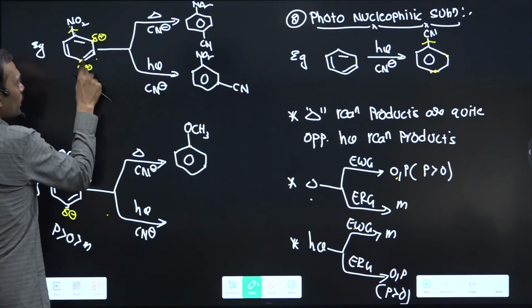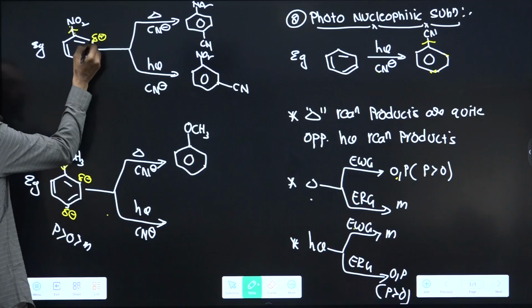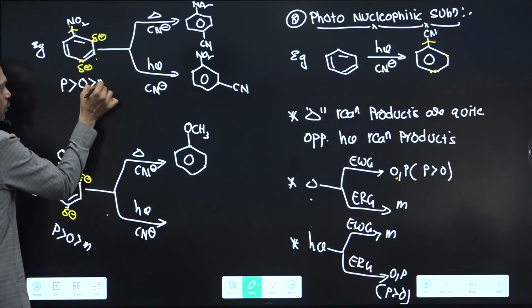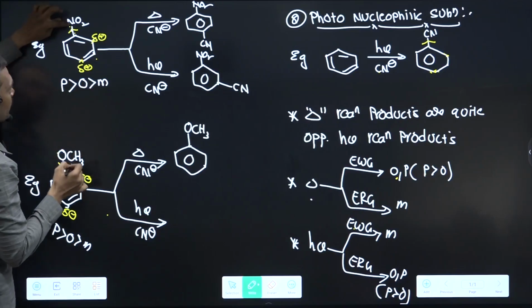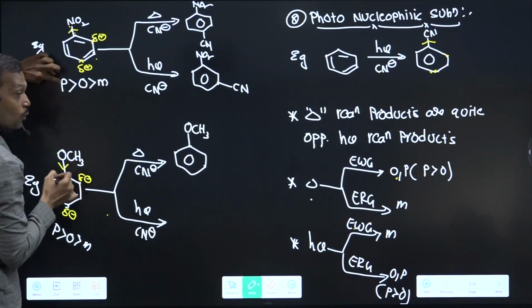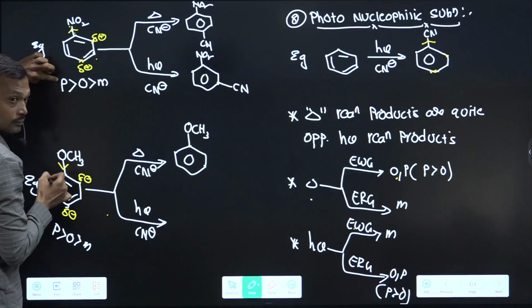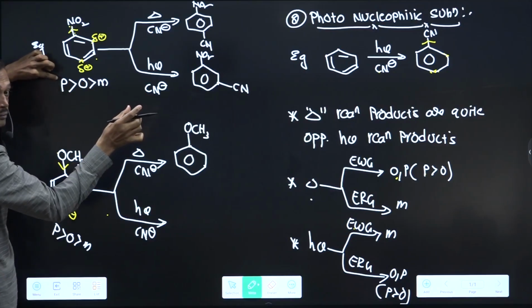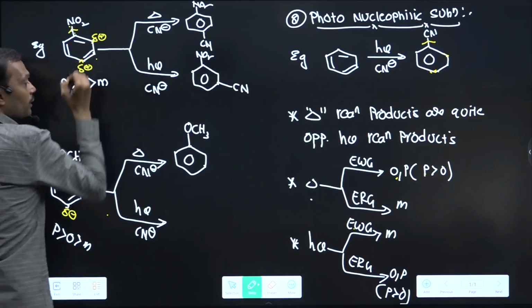It decreases more electron density at para as compared to ortho. Para has more reactivity as compared to ortho, then followed by meta. I am saying that it can take electrons more from para. So para has less electron density or not? That's why cyano attacks on para.